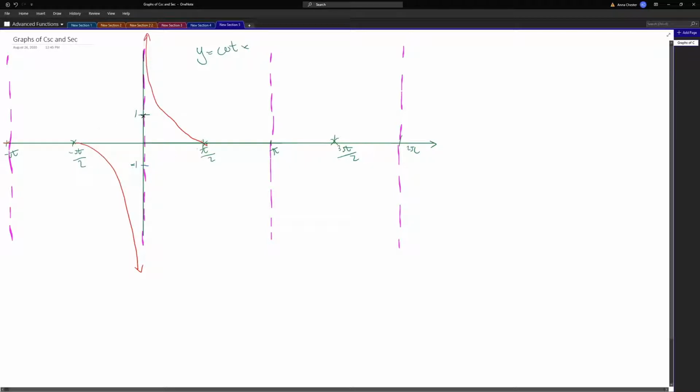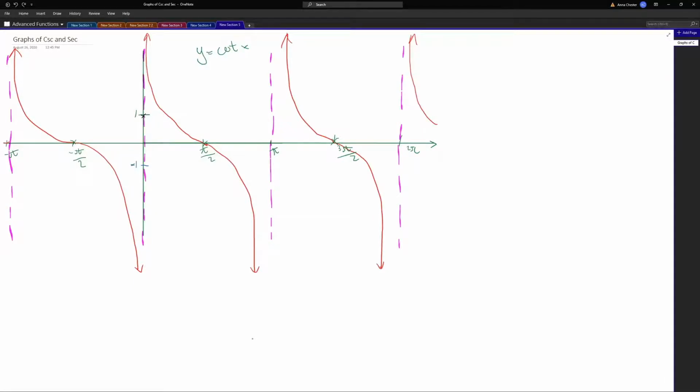Okay, that looks good. Now let's continue. Negative infinity, positive infinity. Negative infinity, positive infinity. And again here, positive infinity. So we get these S shapes for the graph of cotangent of x.